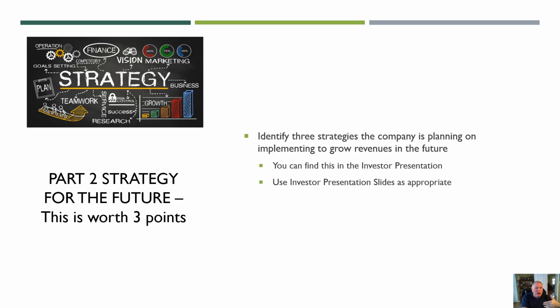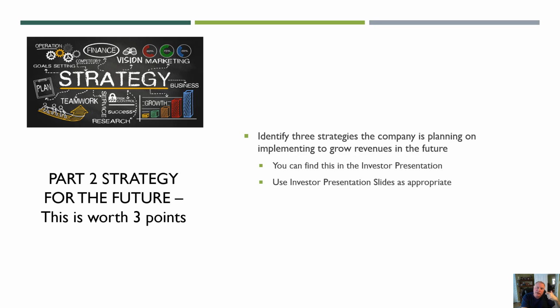Now, one of the things that I want to point out, this is about revenues. If a company plans on cutting expenses or working on efficiency, that's not going to grow revenue. It'll reduce costs, which will increase profit, but it's not a strategy to grow revenues. We want to focus on what they're doing to grow revenues.